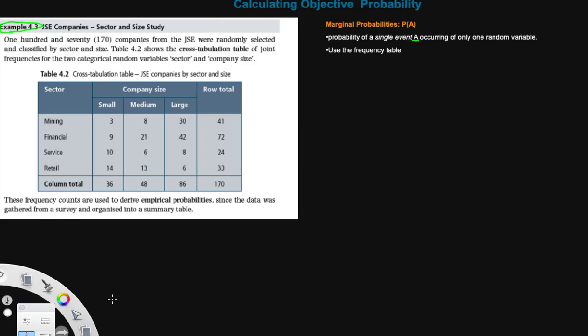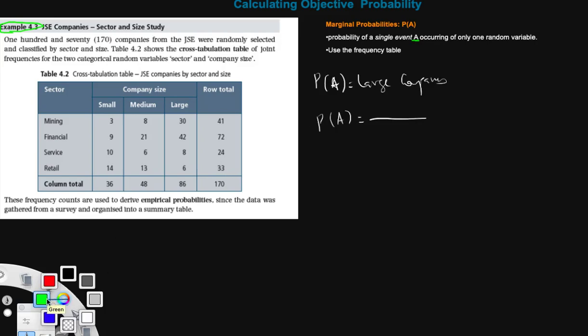So if we were to ask, for example, what is the probability that a random GSE selected company will be large? Let's say that's the P of a large company. I'll just put A equals large company. So a marginal probability is just, you look at the table now, what is the total of all the large companies here is 86.